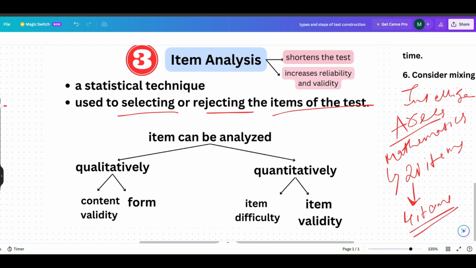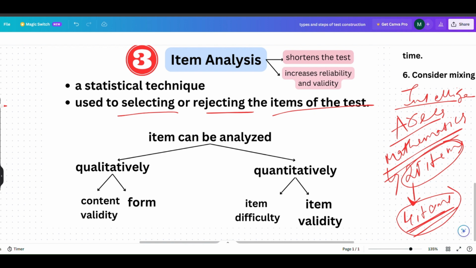Of course it's based on some criteria, but just to understand, we choose those 4 items because those 4 items are able to completely explain the area of mathematics. The other 16 items are redundant because those are repetitions, and we do not want repetitions. With those 4 items and all the other items for other sub areas which we choose, it makes the test very powerful. Fewer items, but it has the ability to test all the areas of intelligence.